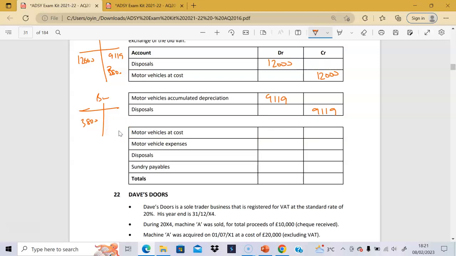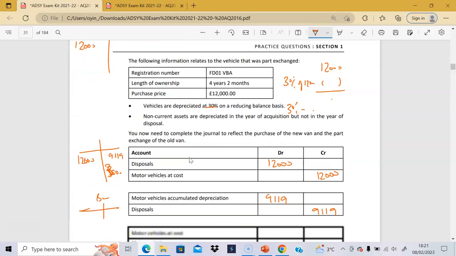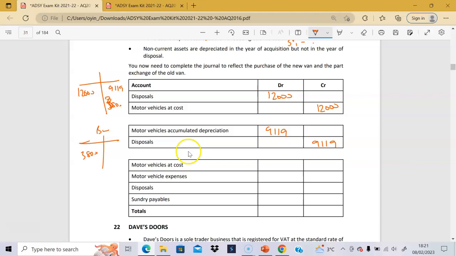That's about 2,881, right? So you have made a profit on this because you're able to exchange this car for 3,800, right? So you have 3,800 here, and then you have bank 3,800.